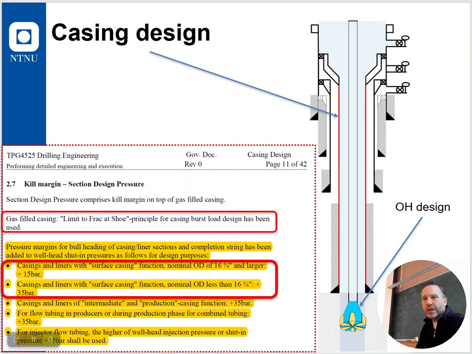You can't just use gas fill casing and a certain amount there, because for injectors, typically if it's a water injector and it's filled with water, then you need to consider what is my shut-in pressure. You may not fracture exactly at the shoe for that case. So you need to look more into it.